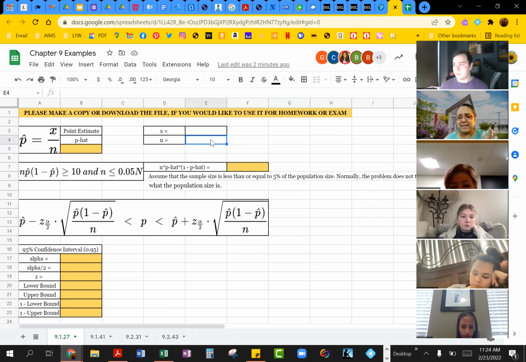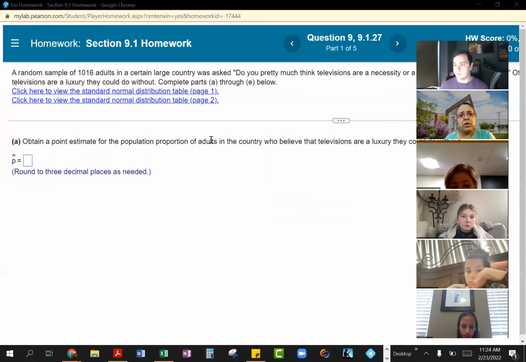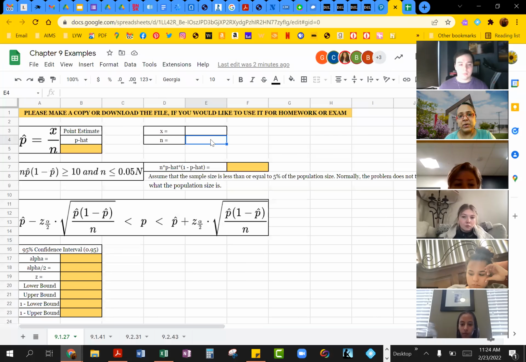They're telling us that a total of 1,016 adults were surveyed. That's your random sample size, so that's going to be your n value. So the 1,016 is what you plug in for n.